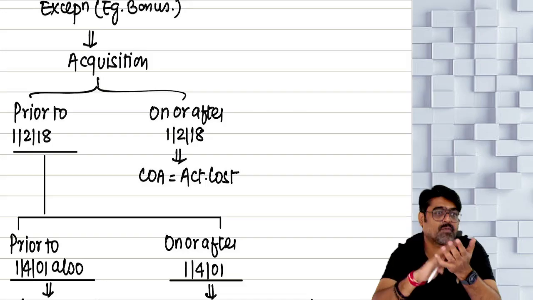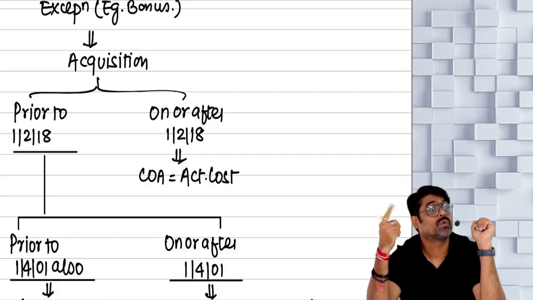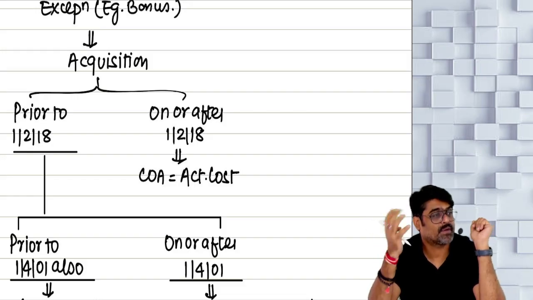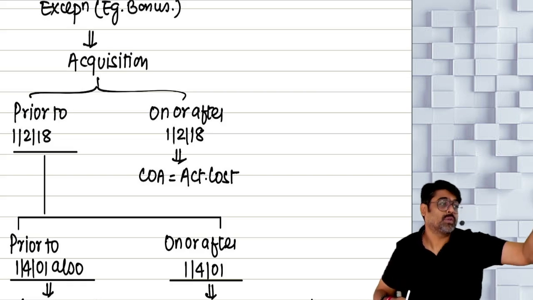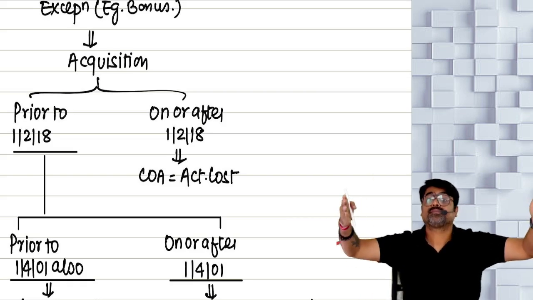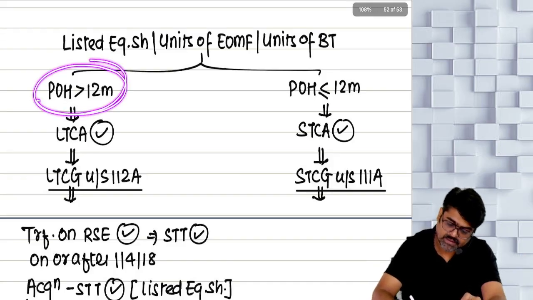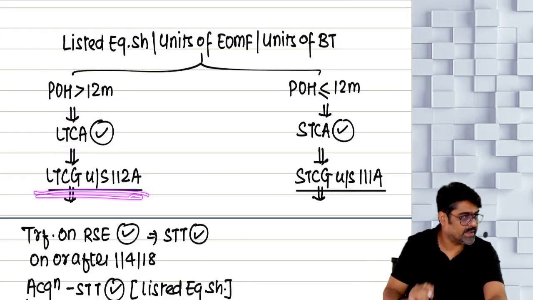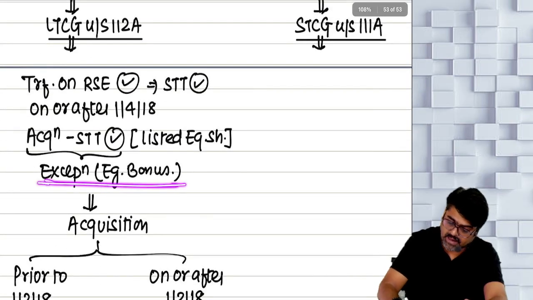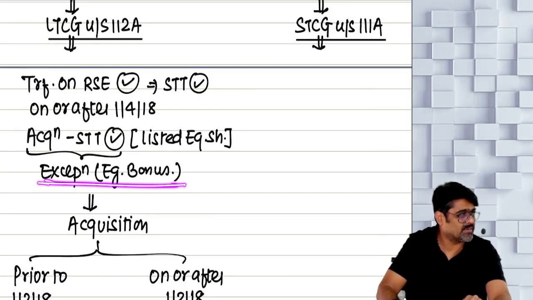So tell me, period of holding, 1st December 2015 to date of transfer, 1st October 25. Period of holding is more than 12 months. Asset is a long-term asset. Long-term gain will be calculated even if STT is not paid at the time of acquisition, because the shares are bonus shares. Yes or no?